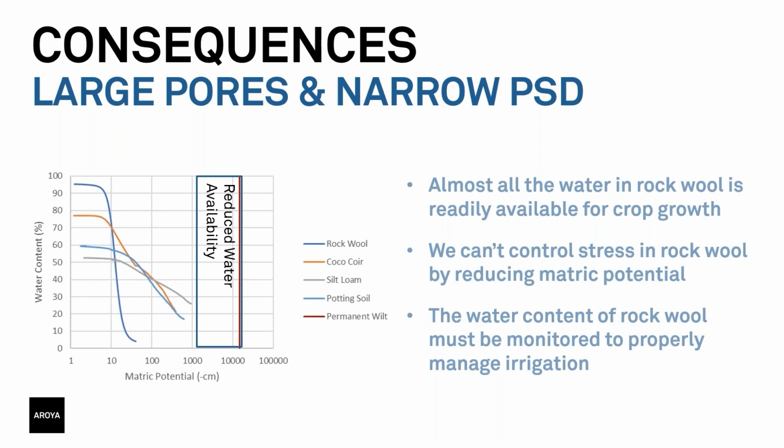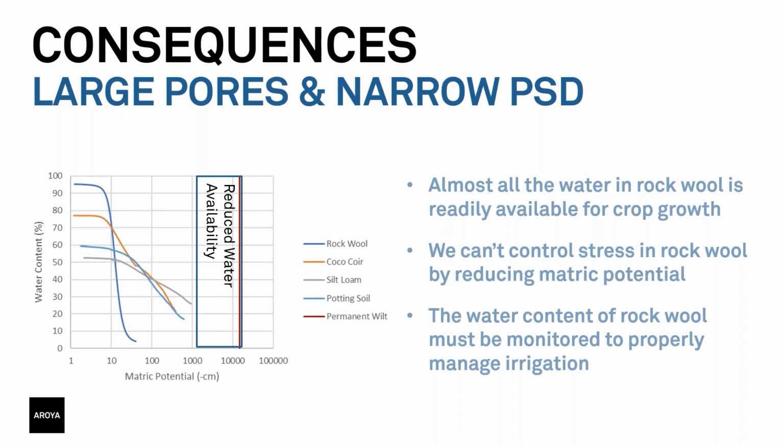Now, if we look at the rock wool, essentially all of its water is gone before we get even close to the matrix potential that would start to induce stress. If we wait for indications of stress in the plant before we water the rock wool, the plant likely will die.